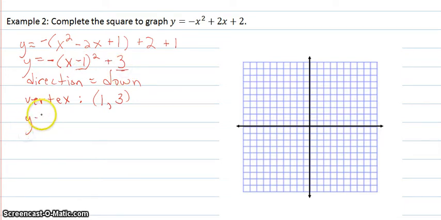And my y-intercept I'll solve for, so I have negative, and then I put a 0 in for the x, minus 1 squared plus 3. So this would be a negative 1 plus 3, so that would be a 2.